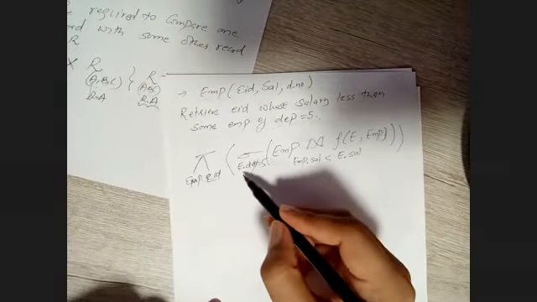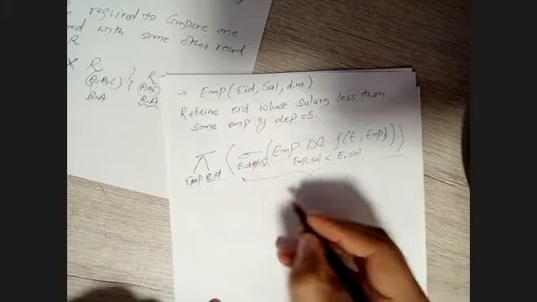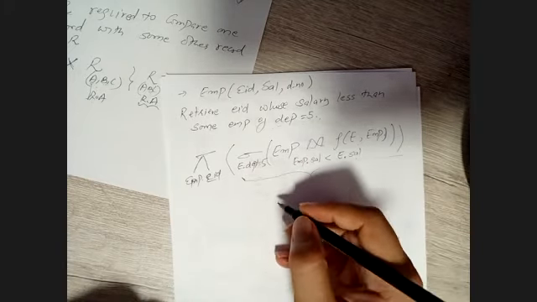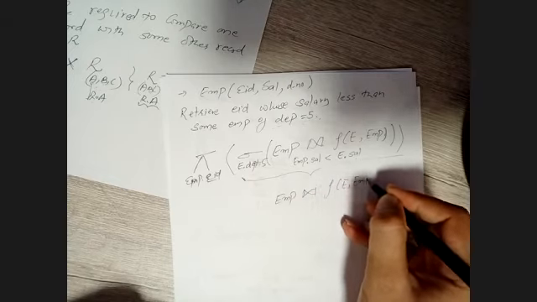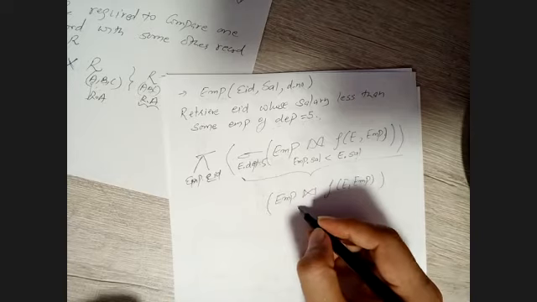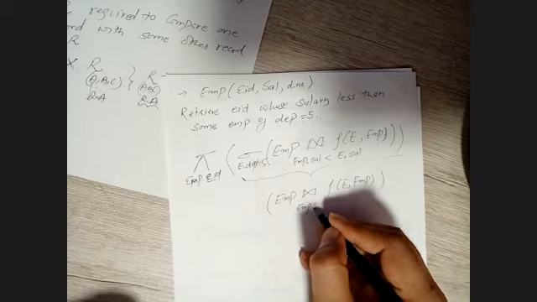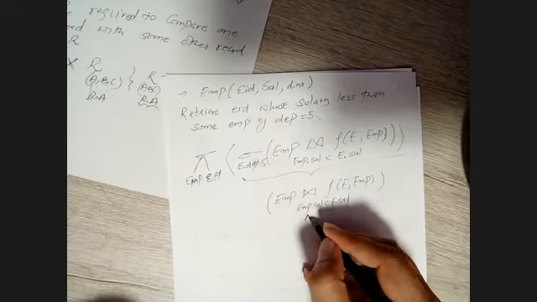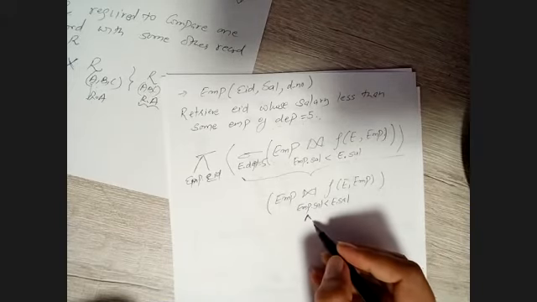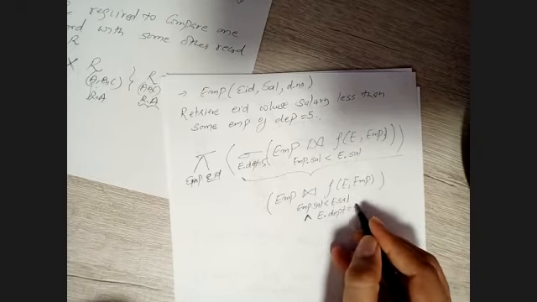Okay, see, this complete scenario I can write at once. Rows E comma EMP, that's fine. And see here, what are the predicate conditions? EMP dot salary should be less than E dot salary, and the AND operator, and E dot department equals 5.